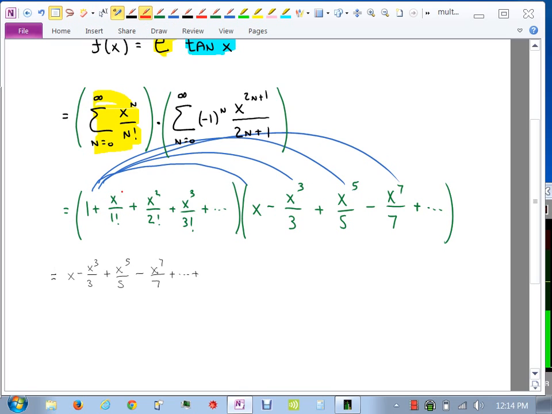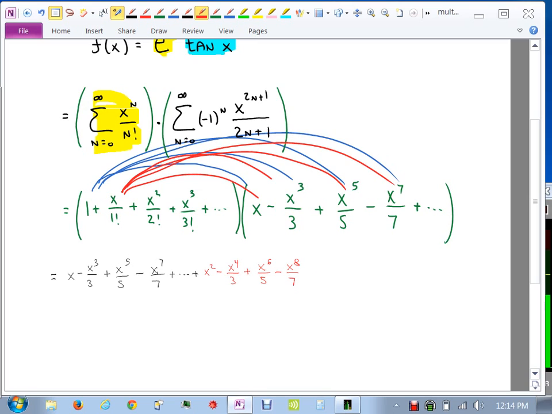My next multiplication through is this one. That's just an x, right? So it's going to give me x squared minus x to the 4th over 3 plus x to the 6th over 5 minus x to the 8th over 7 plus dot, dot, dot.